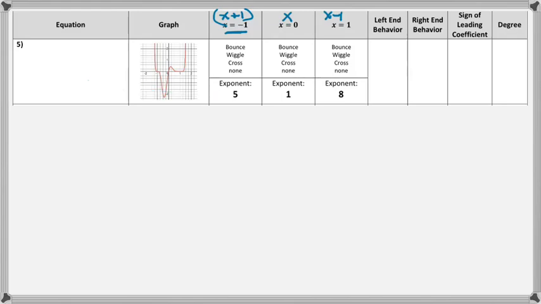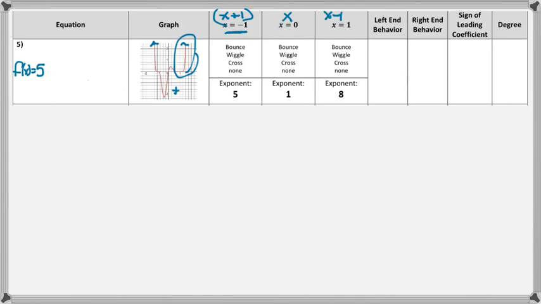And so I go back to my equation, and for the equation I have f of x equals, and now look at the shape of the graph. My two ends are going up, that means this is positive. And remember, if you have trouble telling, look on your right hand side. If it's positive on your right hand side, then the sign is going to be positive. So that means that my leading coefficient is any positive number I choose. I'm going to choose a positive 5.